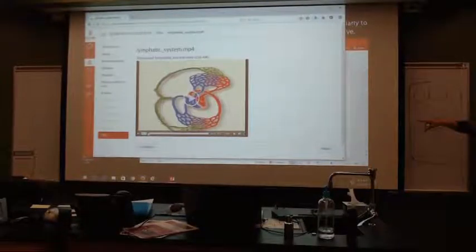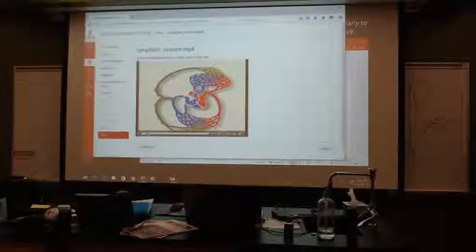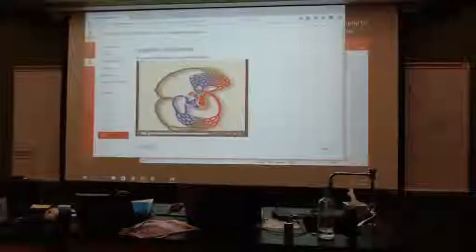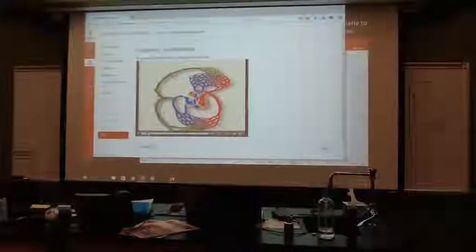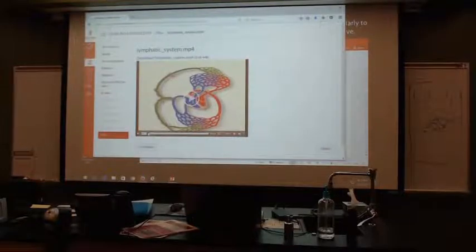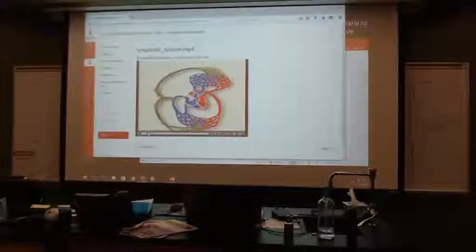Now, looking at this picture right here, do you notice where the lymph vessels are trying to begin? Because this is where they begin. The capillary. At the area of my capillary beds.